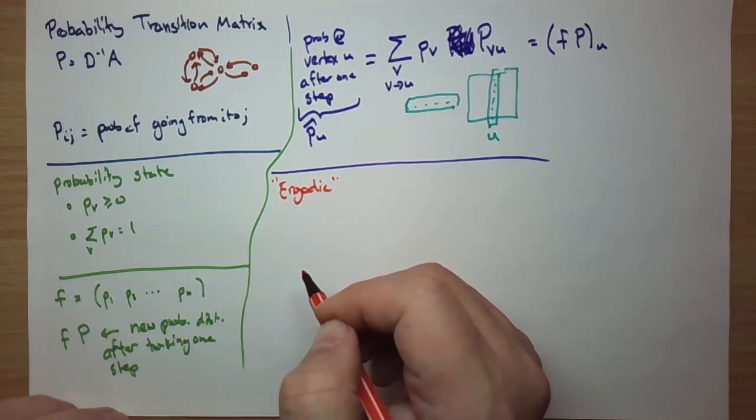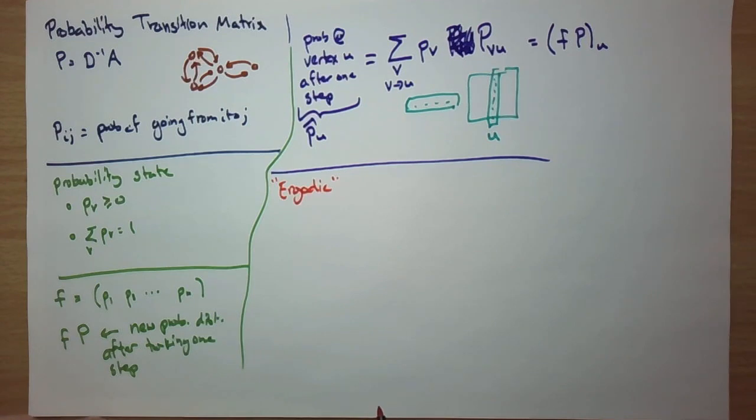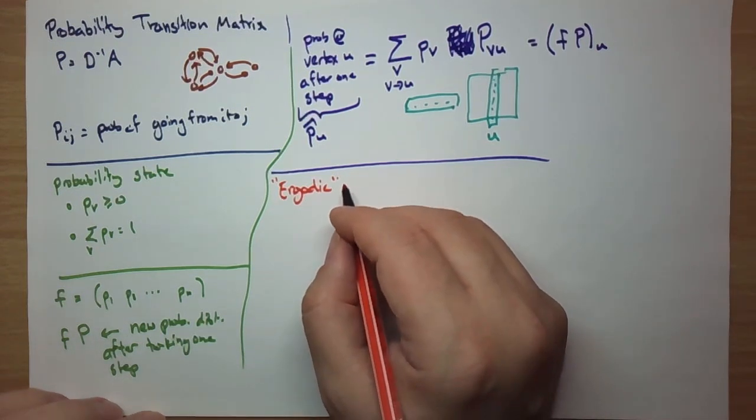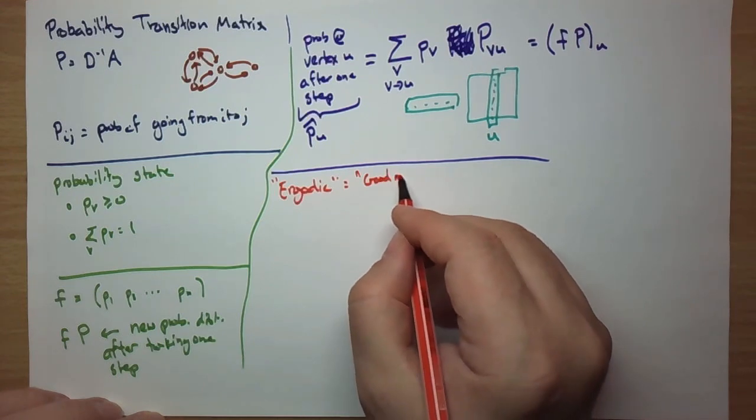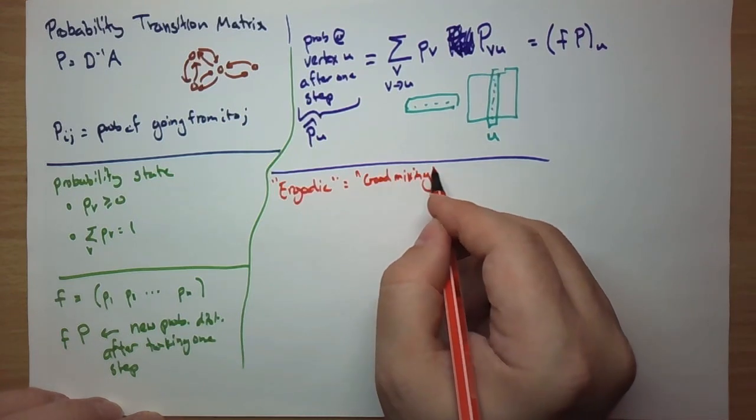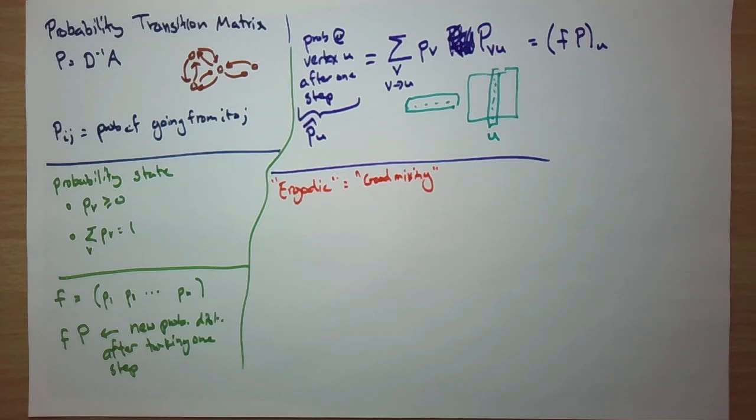What's ergodic mean? Aperiodic and connected. And connected means irreducible, yeah. So another way to say ergodic is it's good mixing, so that our graph mixes.